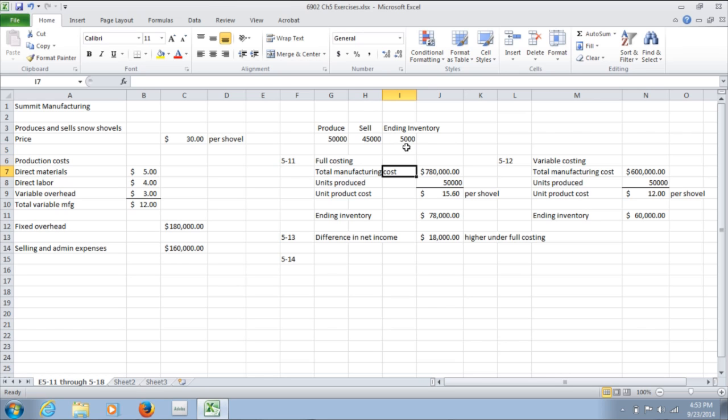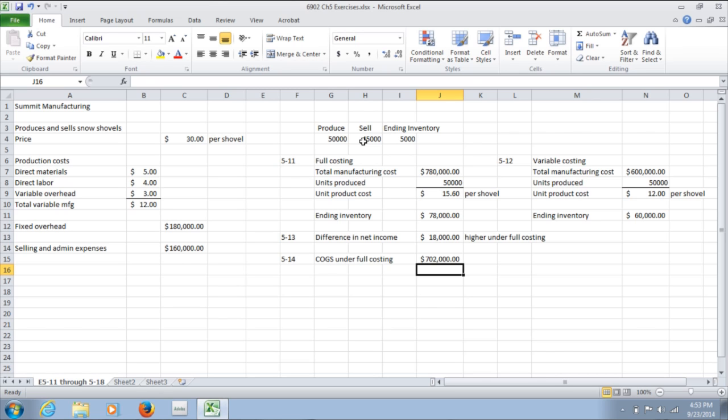So in exercise 514, we're asked to find the cost of goods sold under full costing. Staying in this column, we have $15.60 per shovel multiplied by the number of shovels, which will give us $702,000.